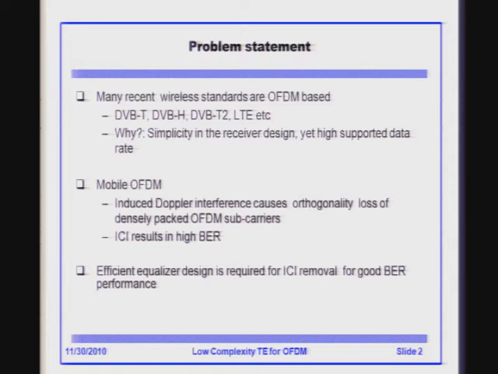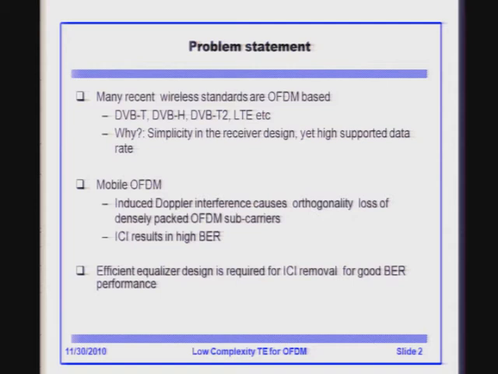Now, one of the weak points for OFDM is when the receiver or transmitter is moving. That will induce Doppler frequencies, and that will cause the loss of orthogonality of intercarriers, and that will cause intercarrier interference. And you need an equalizer to cancel off the intercarrier interference.